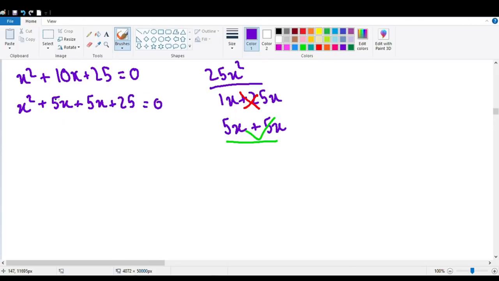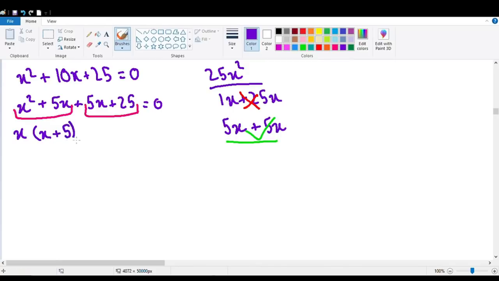Now, since there were 3 terms at the start, x squared plus 10x plus 25 equals 0, we turn the 3 into 4, and now we're going to turn them into 2. We're going to take something common from each pair. In the first pair, the thing that's common is x, so we write x into x plus 5.